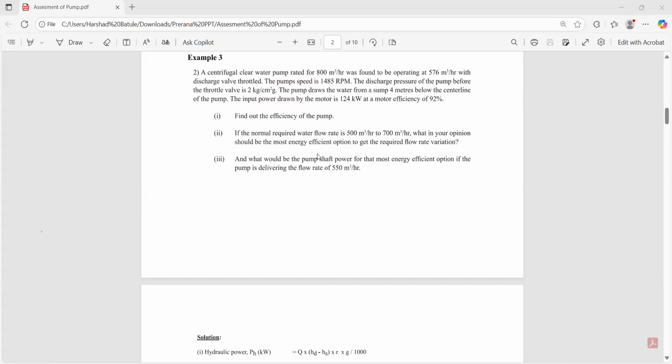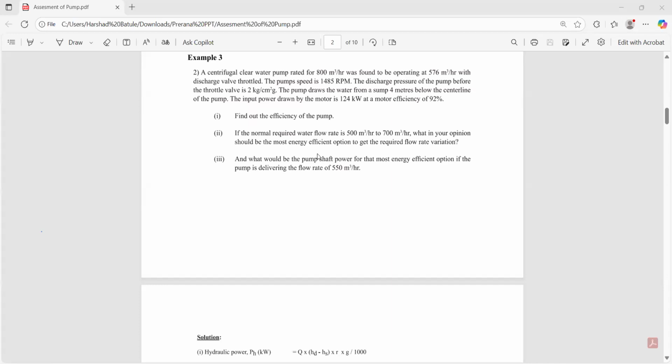There is another option: you can add a lower size impeller or trim the impeller, but you can get only a fixed flow after that energy efficiency measure. But you want variable flow. So what is the best option to get variable flow?